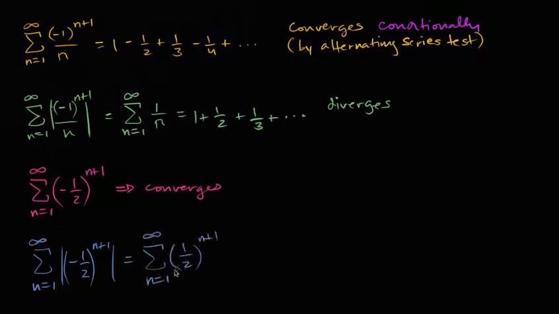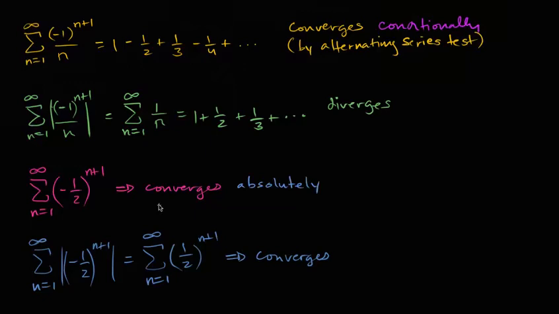And here, once again, the absolute value of the common ratio is less than 1. And we studied this when we looked at geometric series. This also converges. So when we took the absolute value of the terms, it still converged. So for this one, we can say that this converges absolutely.